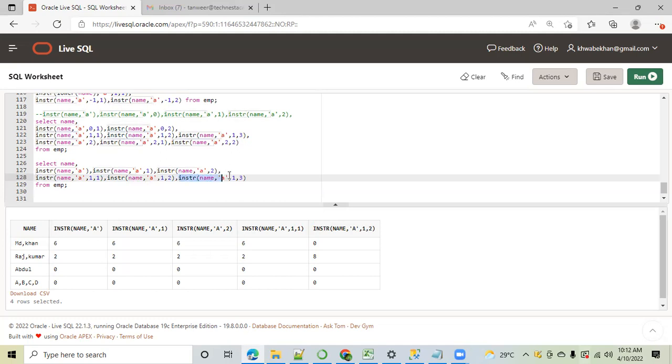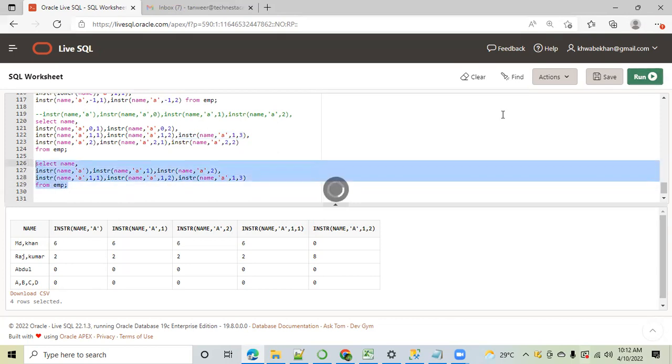In INSTR, name, comma, A, comma, 1, comma, 3. Before executing this, what is the meaning of this fourth argument 3? The occurrence of A the third time. You are looking for the third occurrence, right? Okay, let me execute this. So this value is 0. Why is this 0?